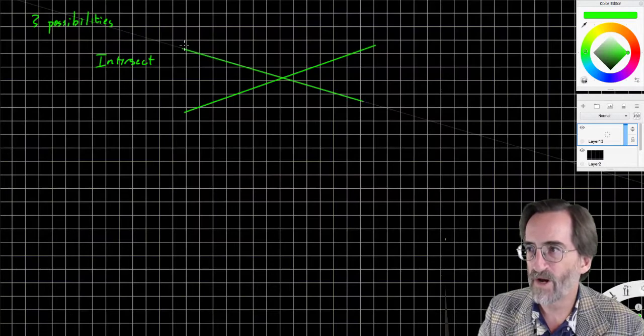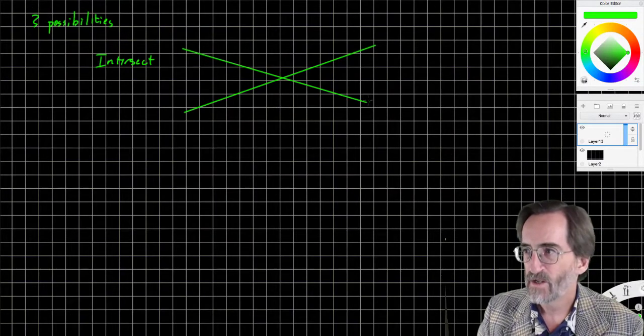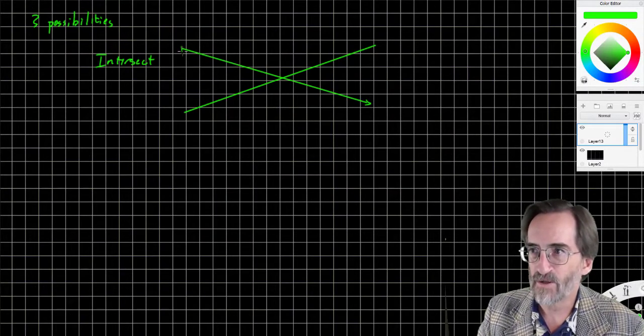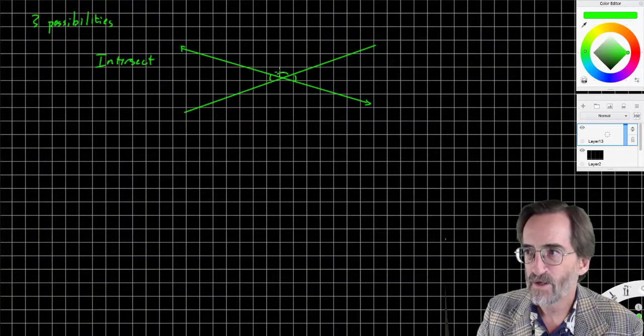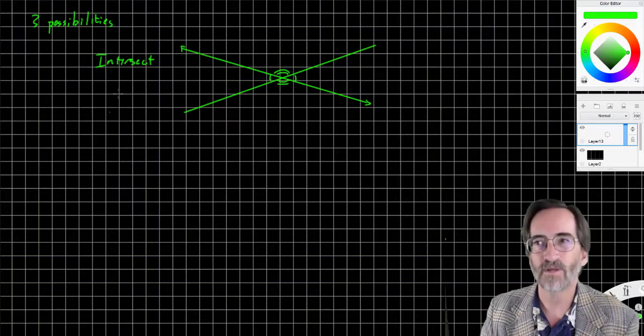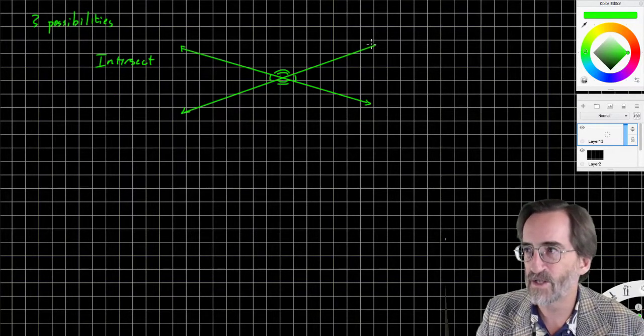We've learned about these when lines cross. We have some things called a linear pair and vertical angles. Vertical angles are congruent, right? Linear pairs add to 180, are supplementary, but they intersect. The idea is they intersect. They have this common point shared between them.